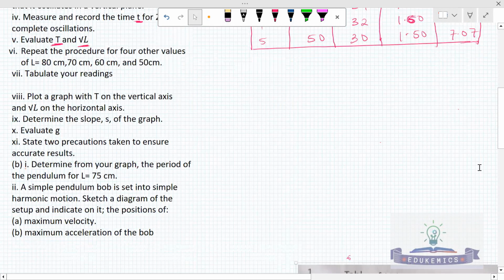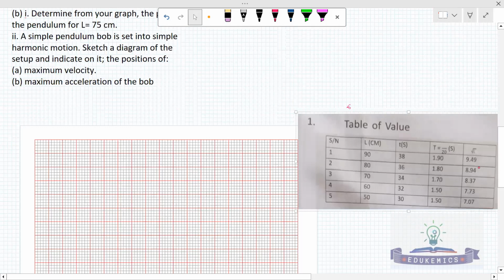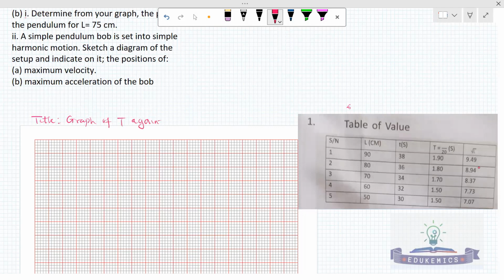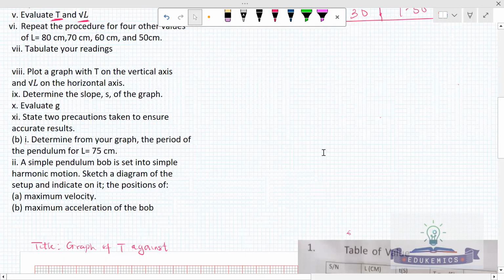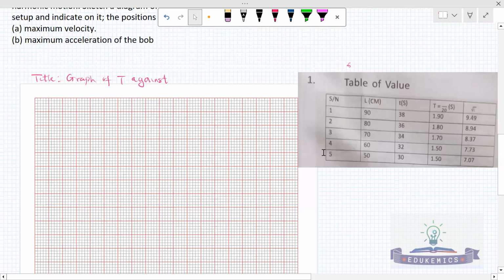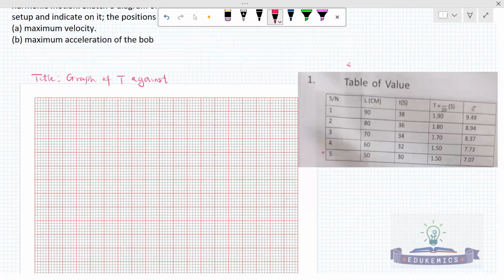So the graph title: graph of T against root L. Sometimes you may use versus, or T squared. Graph of T against root L.